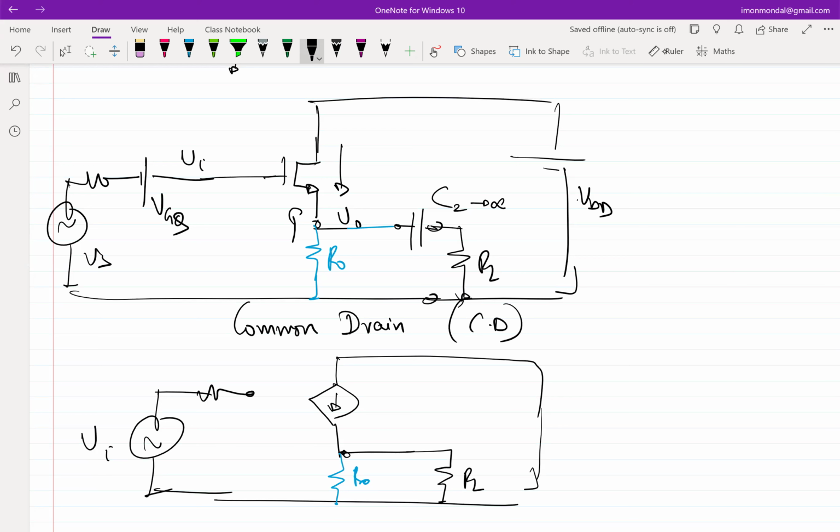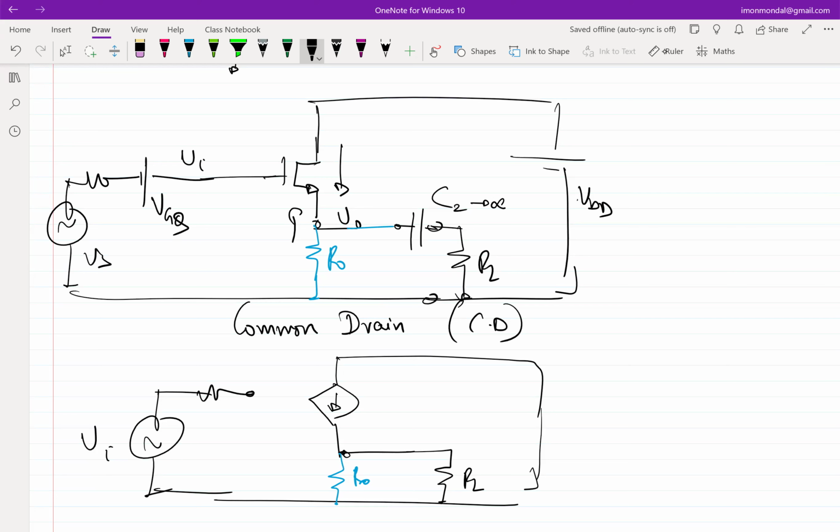The terminology common came because we take differences between terminals. Whatever is not changing between the gate, drain, and source, we call that common. You don't have to bother about those terminologies. In your mind, common means grounded. Which terminal is grounded? That is the common. In this case, the drain is incrementally grounded, so it's common drain, right?